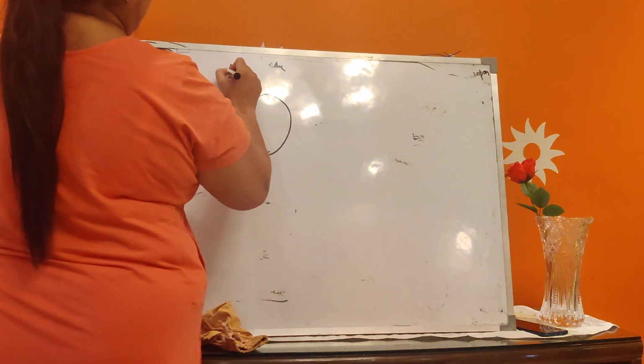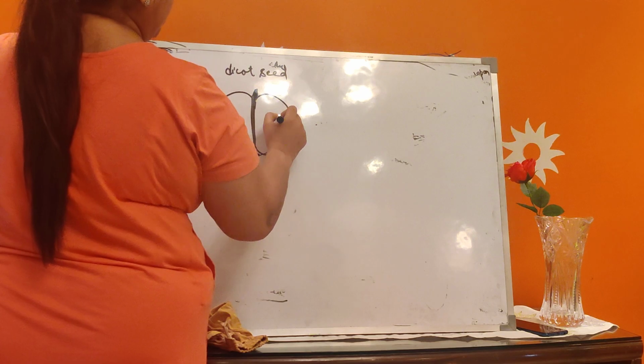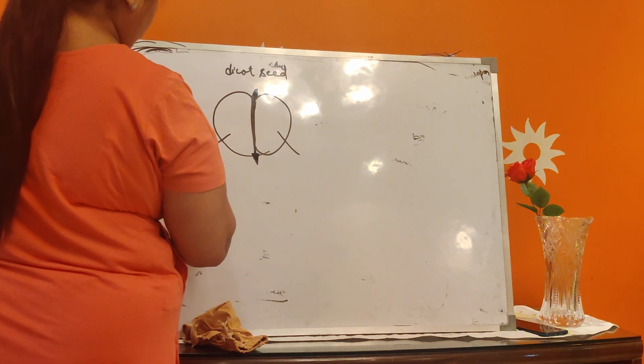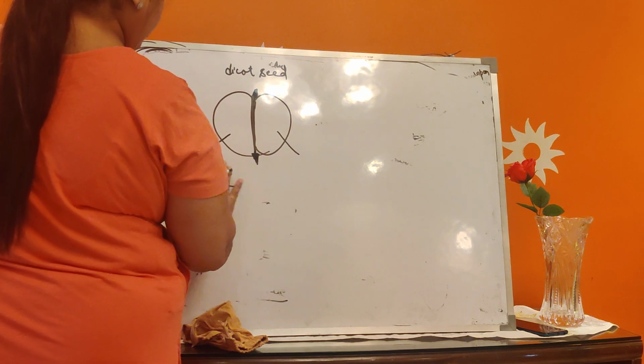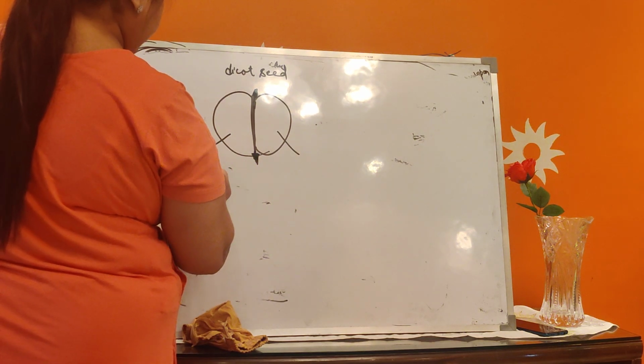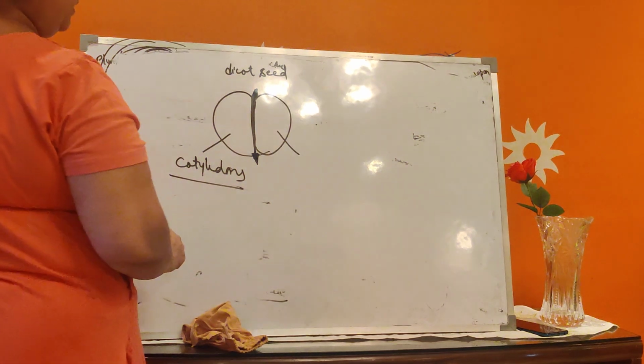This is what? A dicot seed, and this dicot seed has these 2 what? Embryo. Sorry, these 2 are cotyledons. As it is dicot, so it has 2 cotyledons.